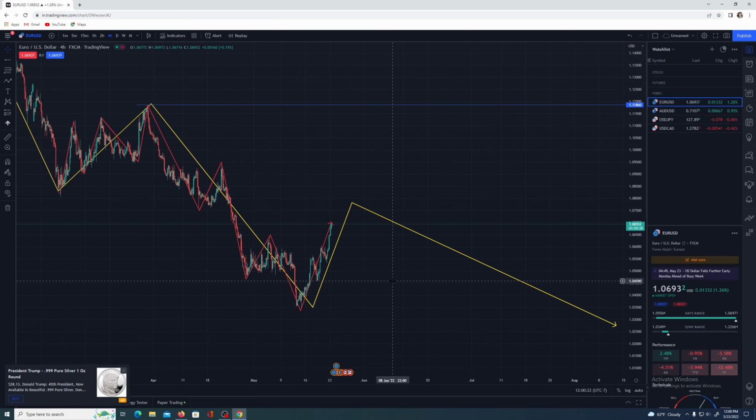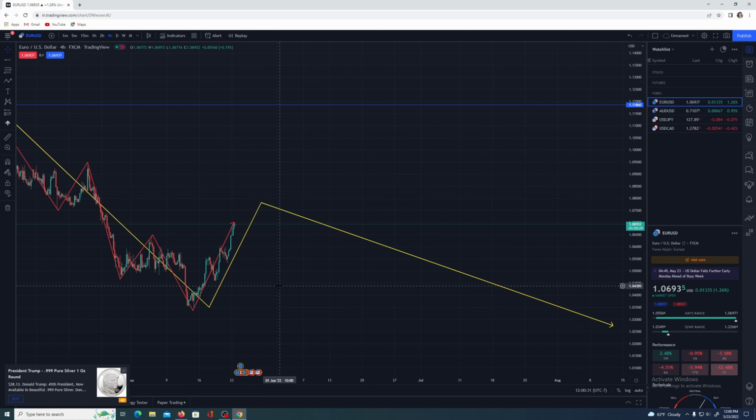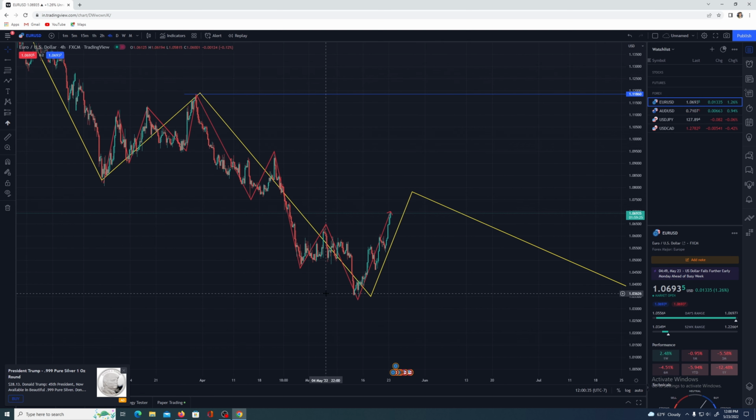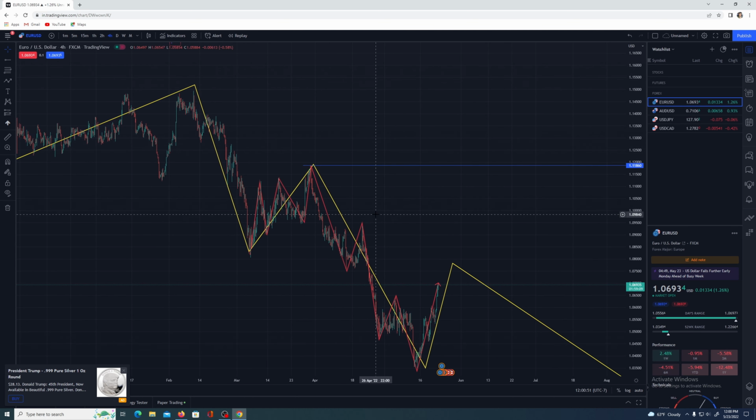So what is this telling me right now? It's telling me that we just broke structure on the 4-hour time frame. The 4-hour just turned bullish, but the daily structure is still bearish until a daily candle closes above this line over here. My higher time frame is still bearish.